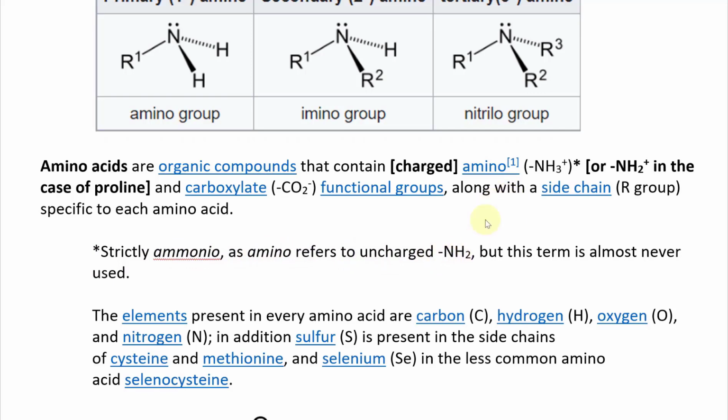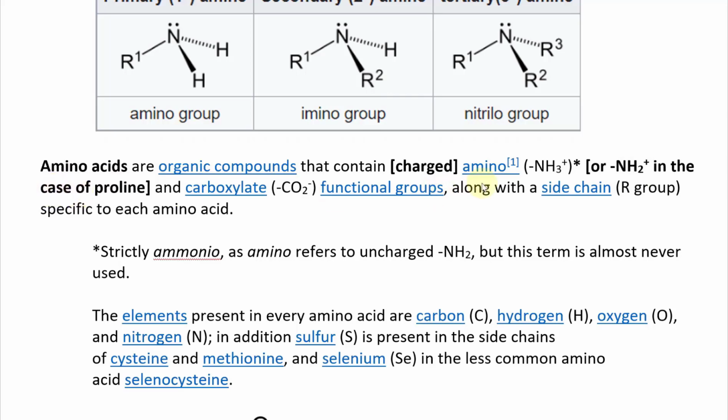I made it charged by adding another H, so you have NH3+ there. This term is almost never used; strictly it is ammonio, but because amino refers to the uncharged group, people just call it that. I also put this other bracket here, -NH2+, in the case of proline, another amino acid.